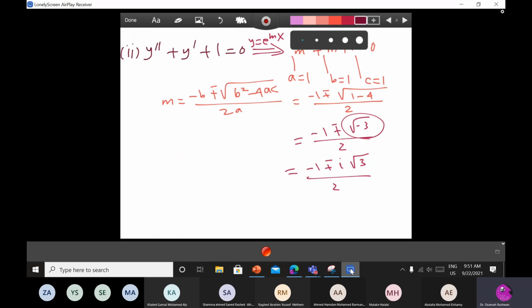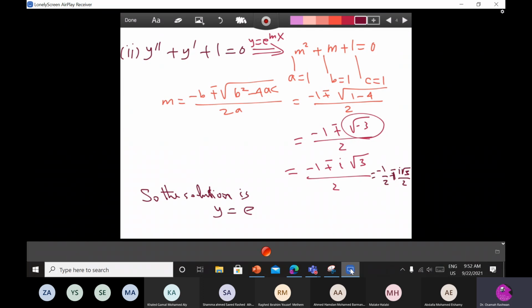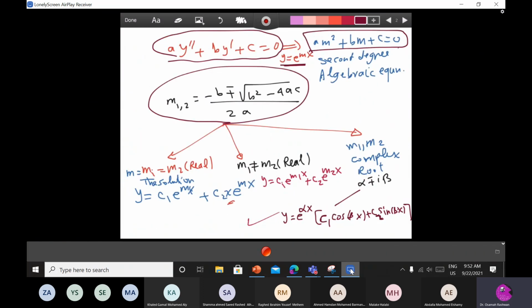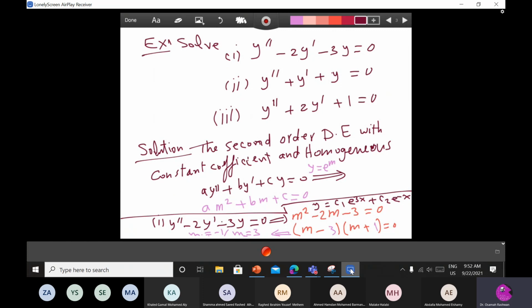Okay, so the solution is y equal to e to the, what is the real part? I have to put this one as minus 1 over 2 plus or minus i root 3 over 2. Why I put this one? Just to follow the case. This one, e to the real part times x, c1 cosine the imaginary part times x as the angle, plus c2 sine the imaginary part times x without the i.